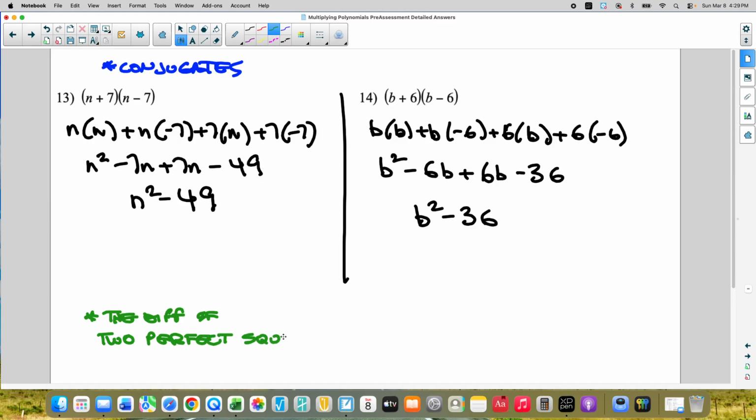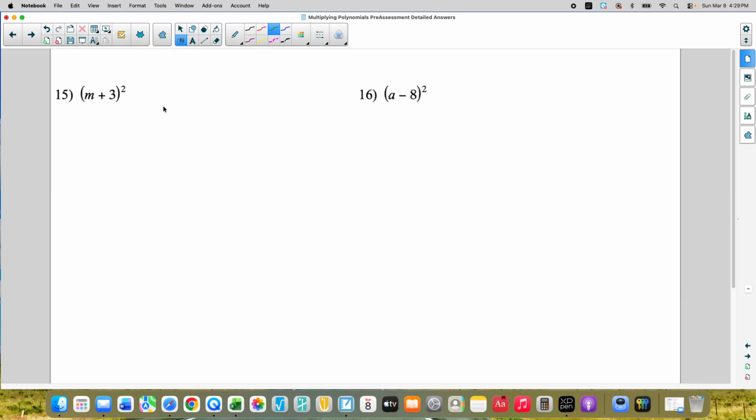Now, we don't need to know this in simplifying or multiplying. We will need to recognize that when factoring, when we're going to go in the other direction. We're going to be given this, we're going to factor it to conjugates. So just something to keep in mind as we go.